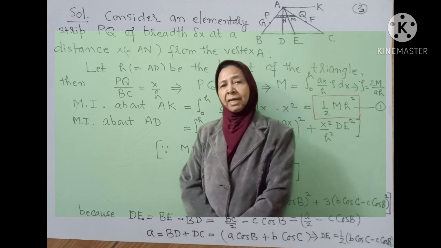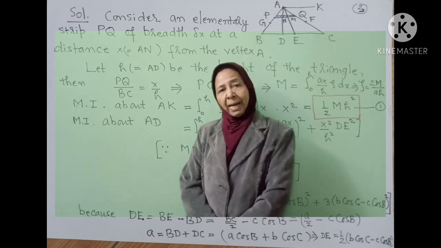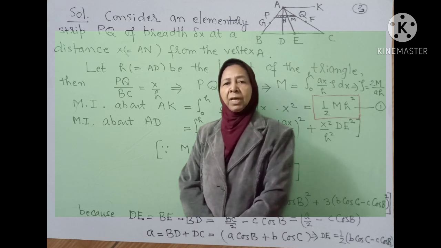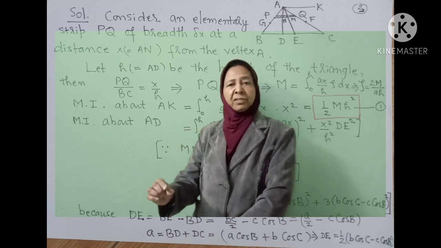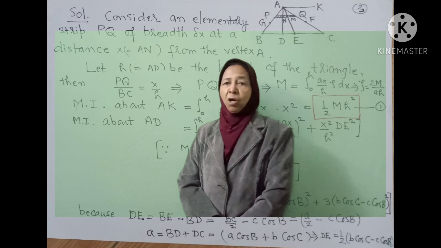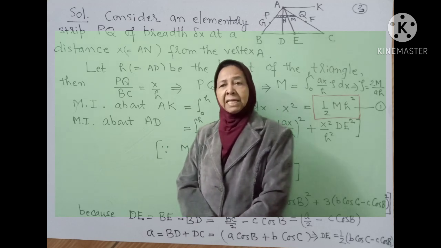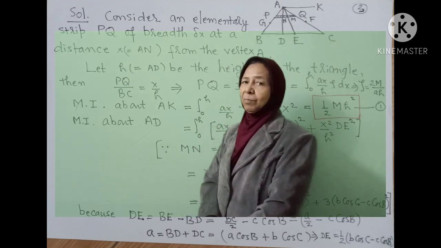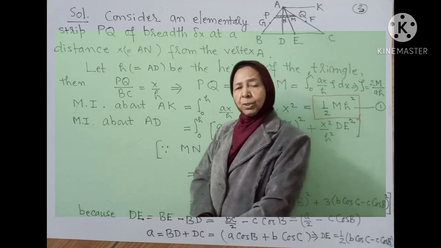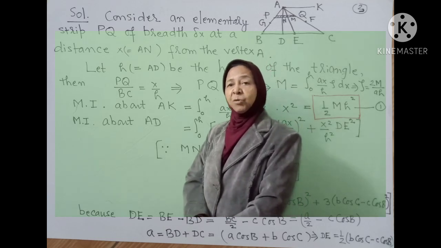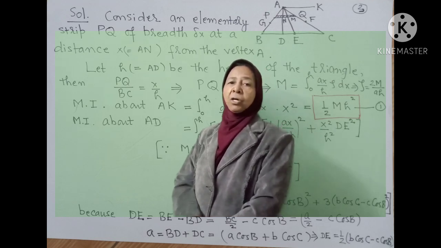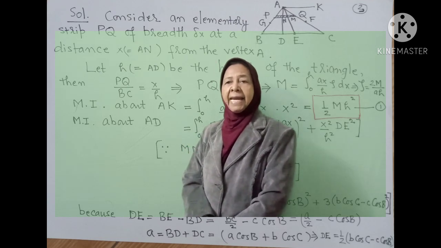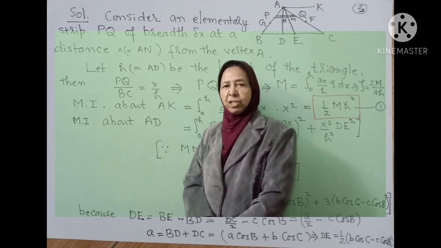Mass is given to us, capital M. So capital M will be equivalent to integral 0 to h and then area of the strip multiplied by density. Now what is the area of the strip? Its length into breadth. Length is PQ, breadth is delta x. So it will be PQ into delta x integrated within the limits x varies from 0 to h. Why h? Because the height of the triangle AD is given as h.